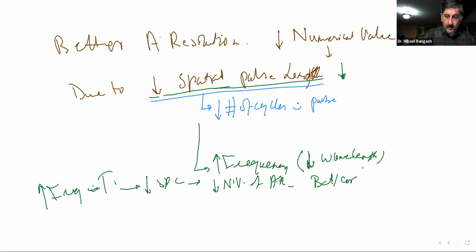Now, guys, in your book you may see two things: a higher frequency, and as far as other factors, less ringing. Clear? So what do we mean by less ringing? That is just accounting for the number of cycles in a pulse.